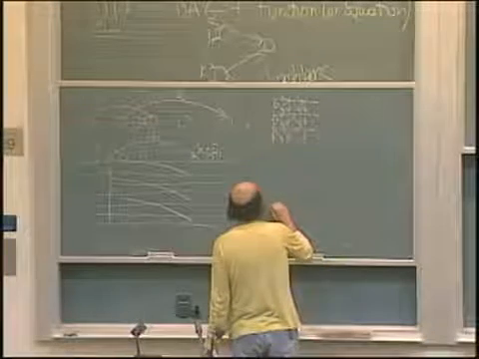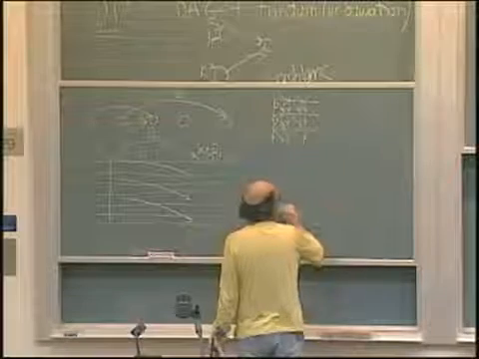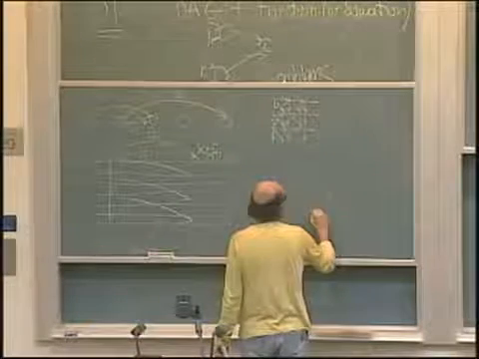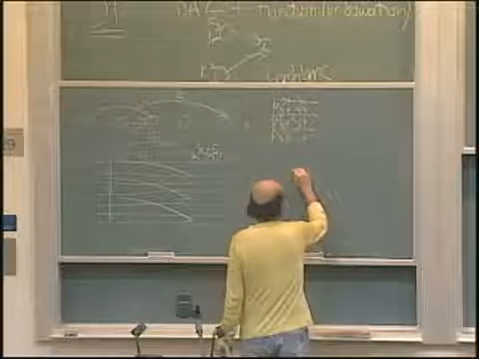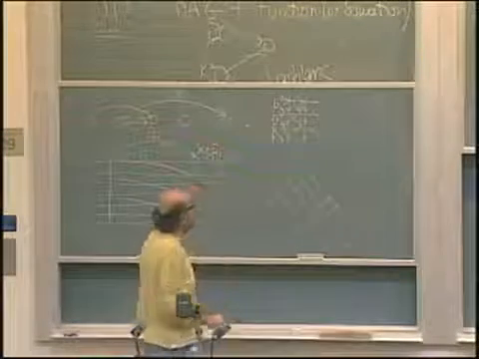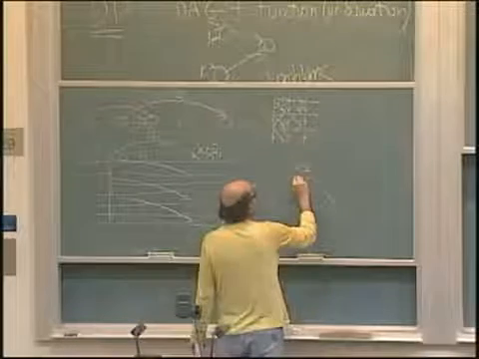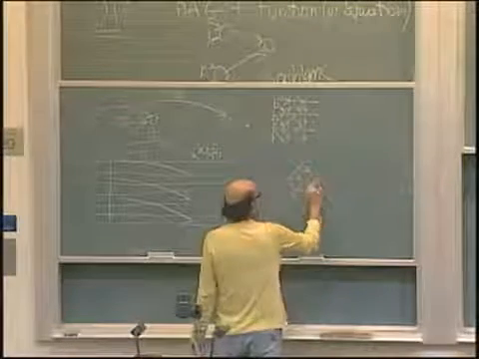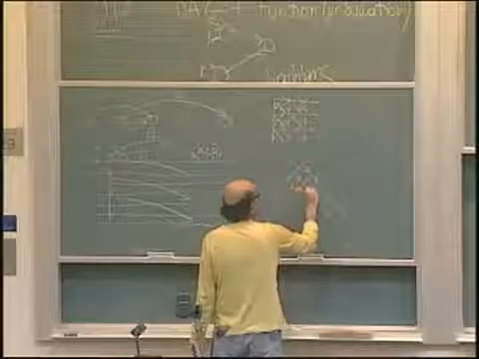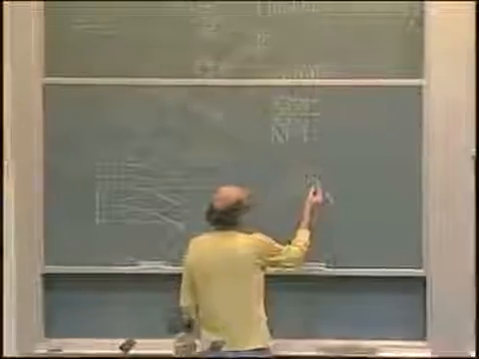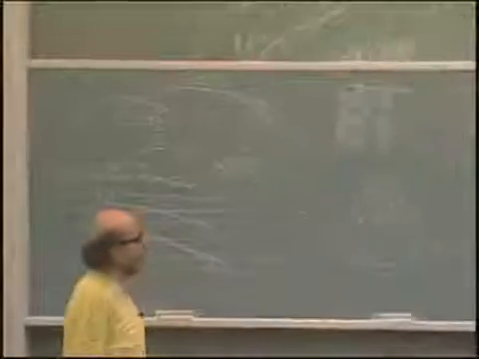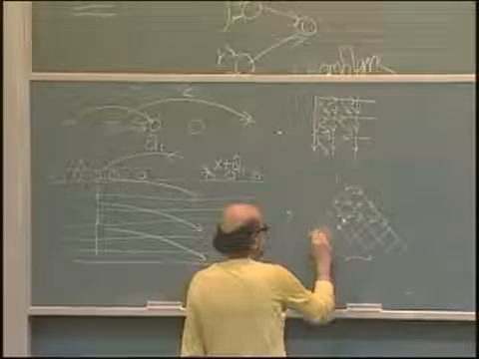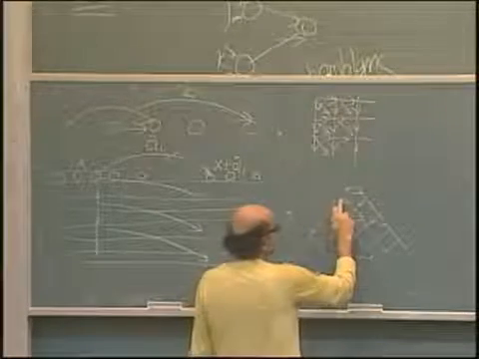Then the DAG is essentially this, where basically this subproblem, for example, stands for this substring. And the dependencies, the DAG, no, I should draw it the other way around.